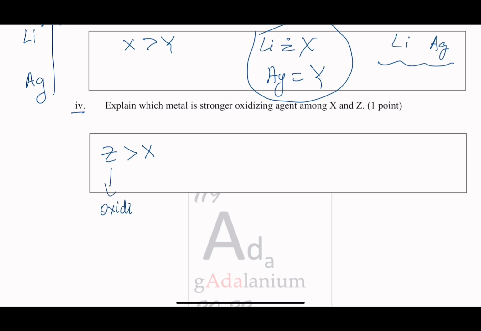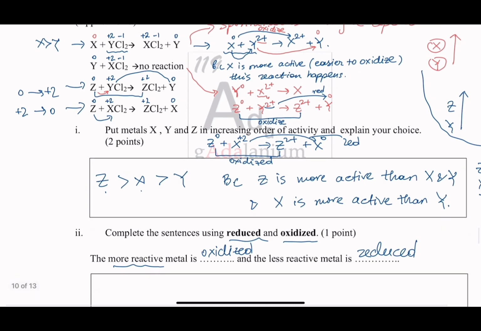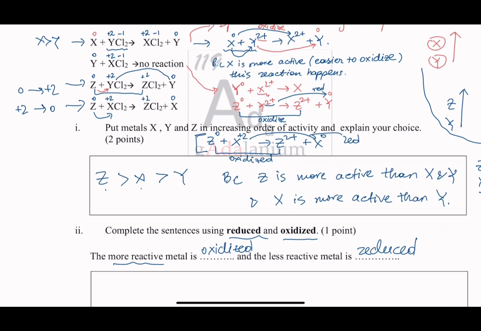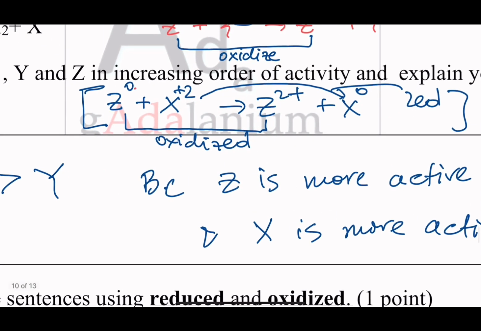The ones that oxidize are always the reducing agents, a better reducing agent. And X, because it will get reduced, as you can see on this reaction with X. Look at this reaction: Z got oxidized, and X got reduced.